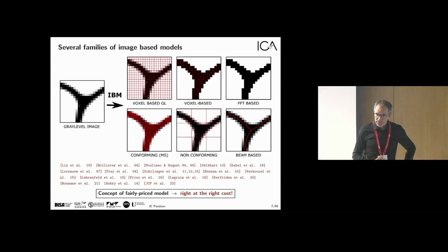There are several families of image-based models, as you know, in this conference, certainly better than me. There are voxel-based methods based on gray levels, voxel-based methods based also on thresholding, FFT-based.